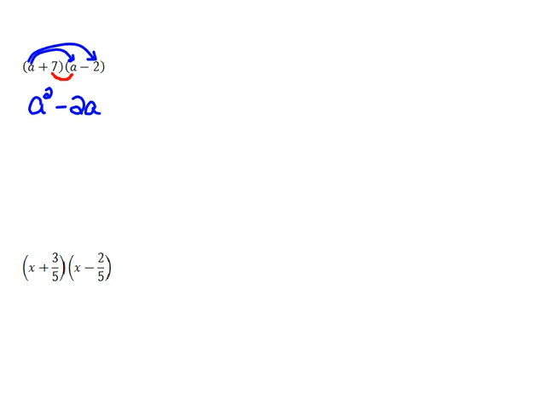Now we have to distribute or multiply that positive 7 to everything behind it in the parentheses. So positive 7 times a would be a positive 7a. And a positive 7 times a negative 2 would be a negative 14. Now we have completely distributed this problem.